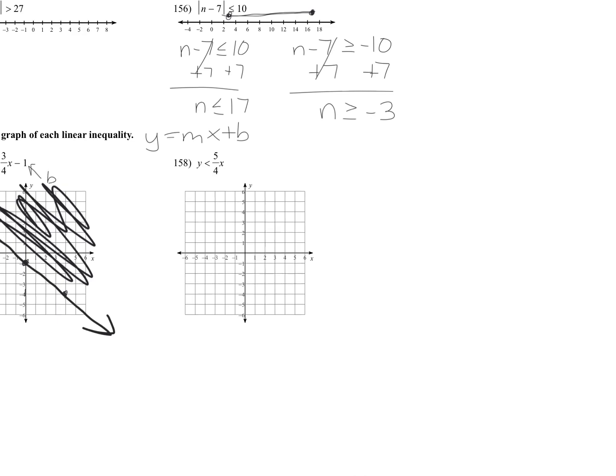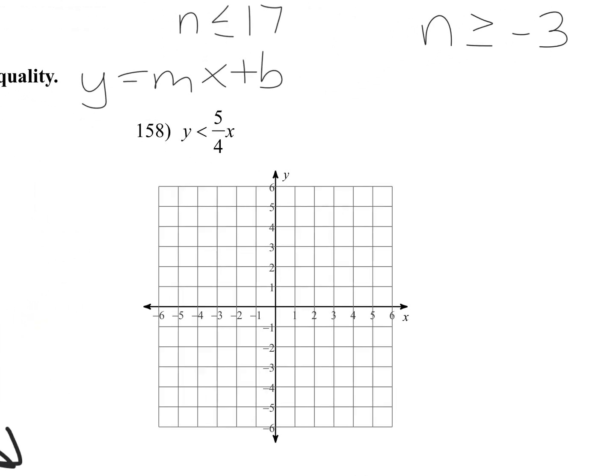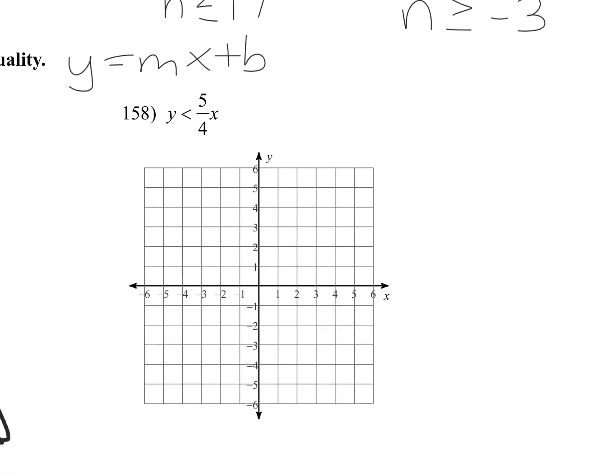Now, looking at 158, what are we missing? The y-intercept, the b in the equation. If we don't have one, what can we assume it is? 0. So our starting point is at 0. And then rise over run. What's my rise? 5 over 4. Which direction?